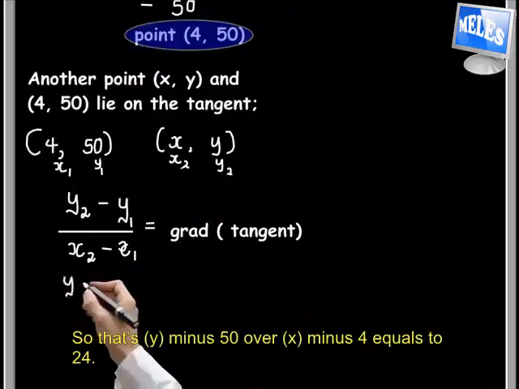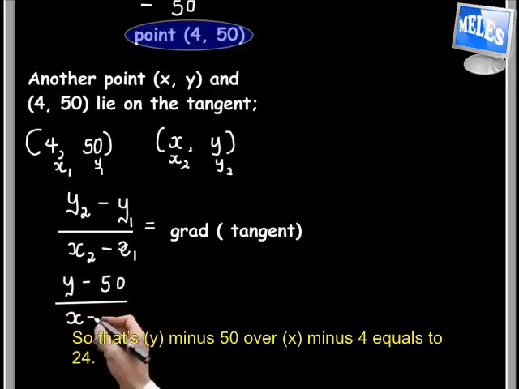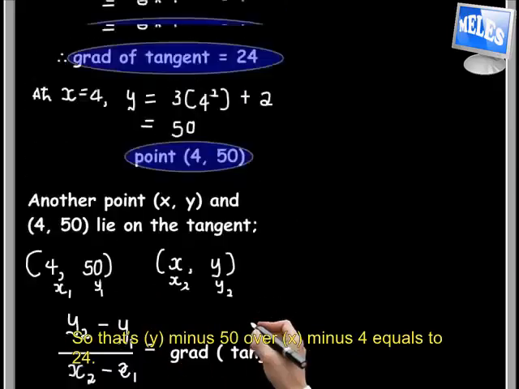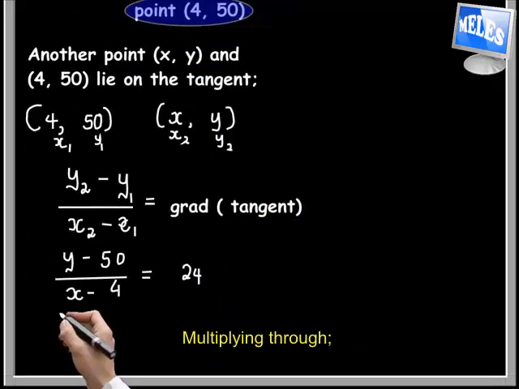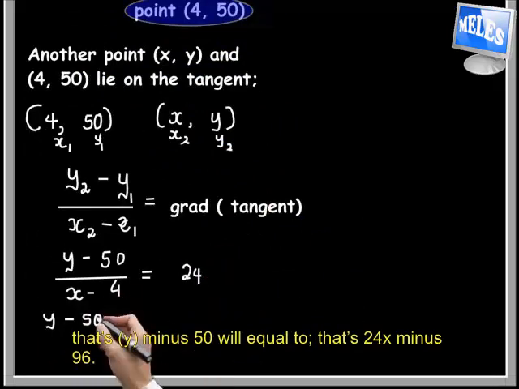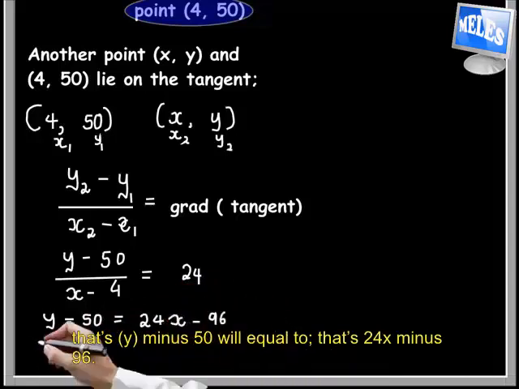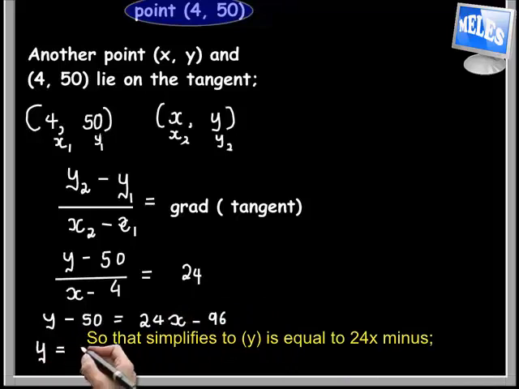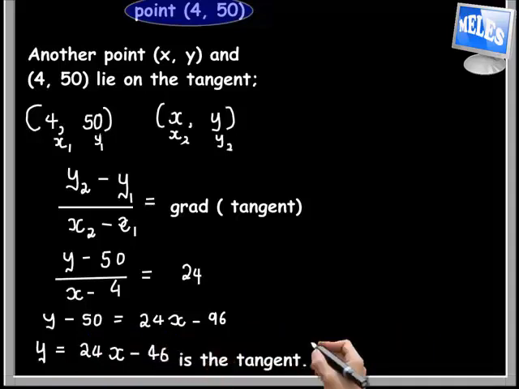So that's (y minus 50) over (x minus 4) equals 24. Multiplying through, y minus 50 equals 24x minus 96. So that simplifies to y equals 24x minus 46, the equation of that tangent.